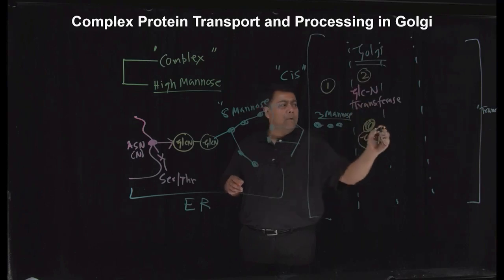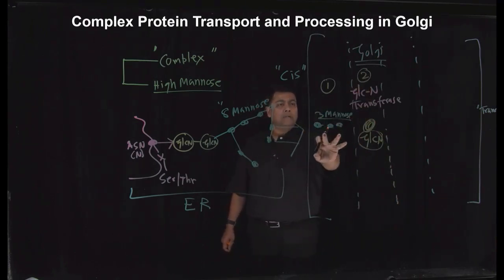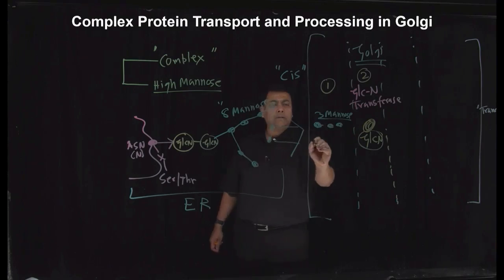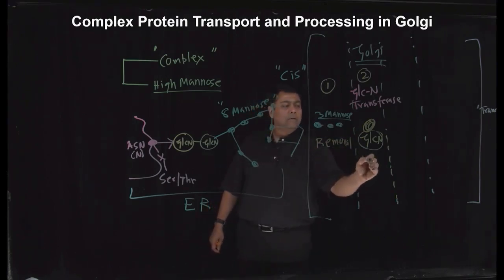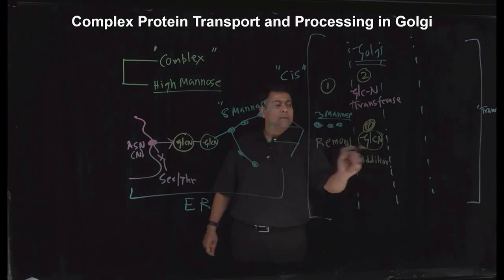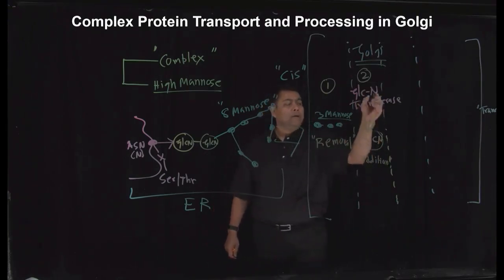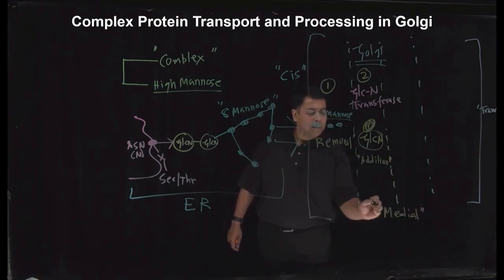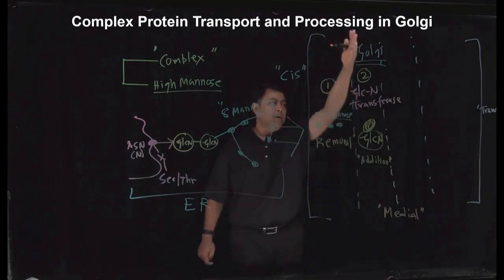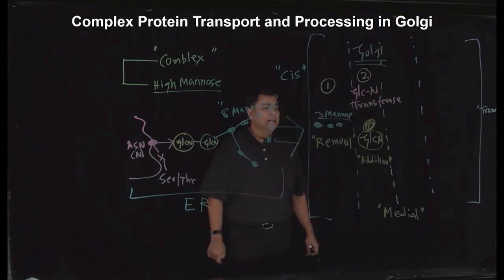This is removal, and this is addition. Once this is done, the Golgi at this point is at the medial Golgi right here. It's in the middle, so it's moving that way.